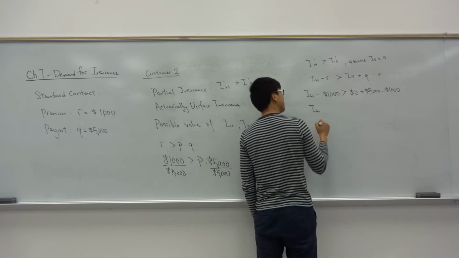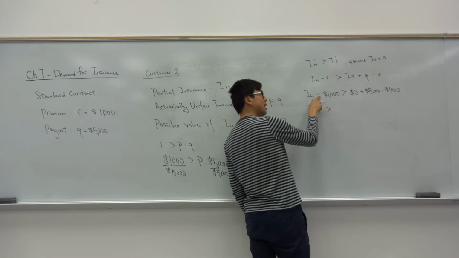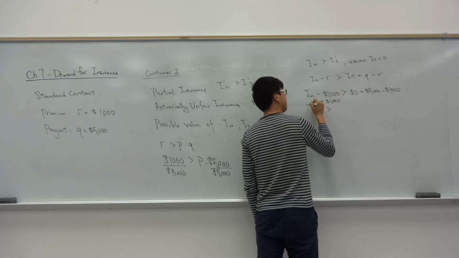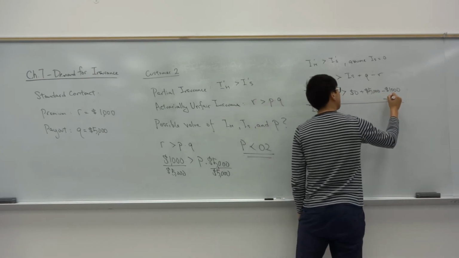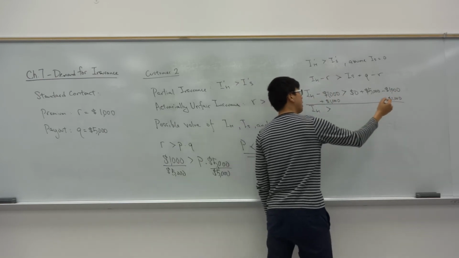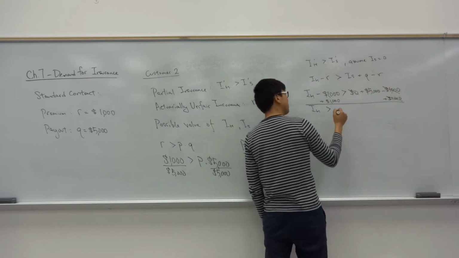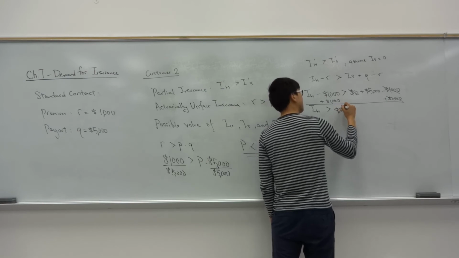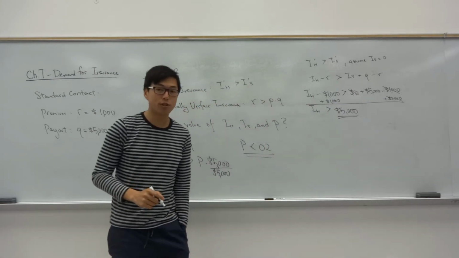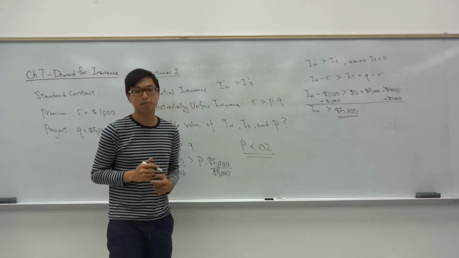And the healthy income is greater than, well, we have to subtract negative $1,000, so we add $1,000 on this side. And we also add $1,000 on this side. So this cancels out, and this is $0. So that means the healthy income for this individual must be greater than $5,000 in order to make this insurance contract a partial insurance.